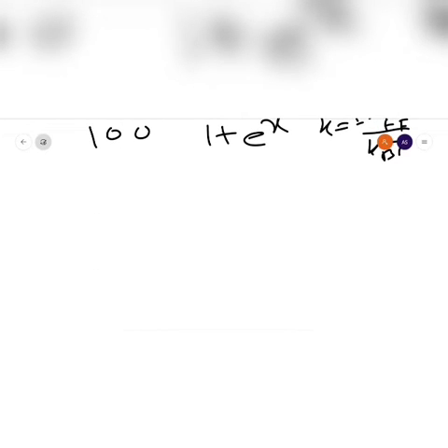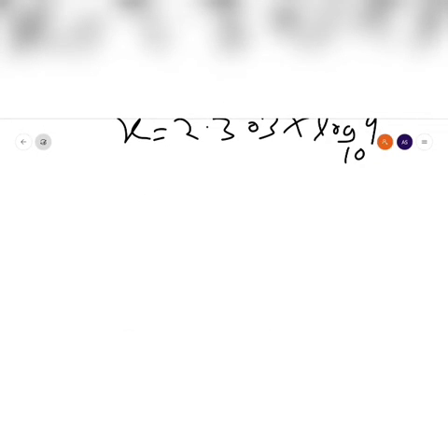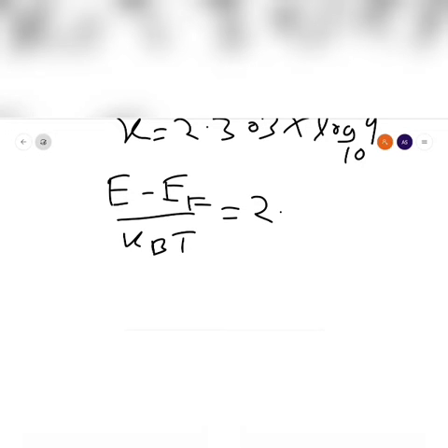Now you solve the equation, you will get e to the power x is equal to 9, and you will get x is equal to 2.303 into log base 10 of 9, and you know the value of x is (E minus EF) divided by kBT, equal to 2.197.